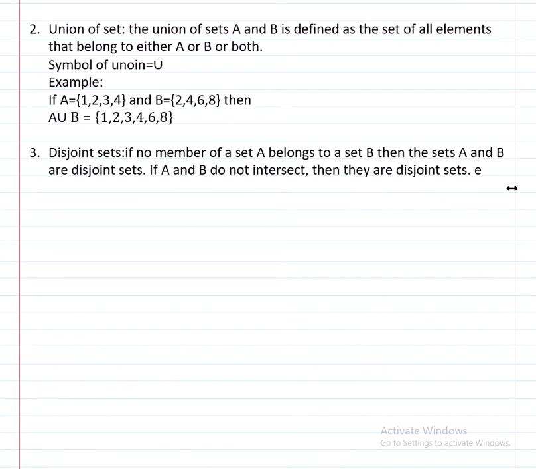So example. So we're looking at an example.